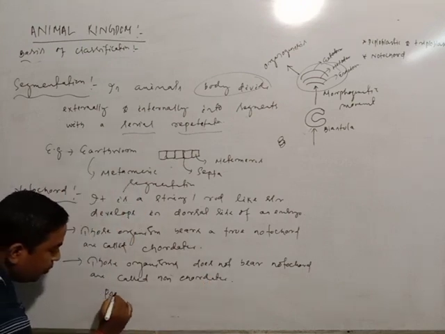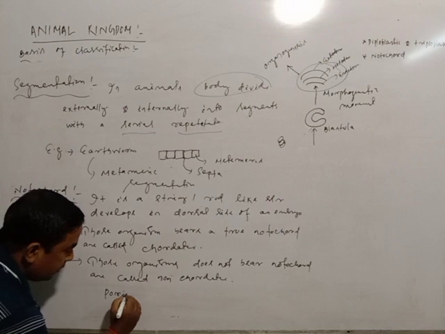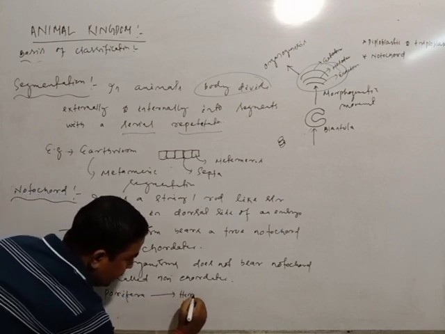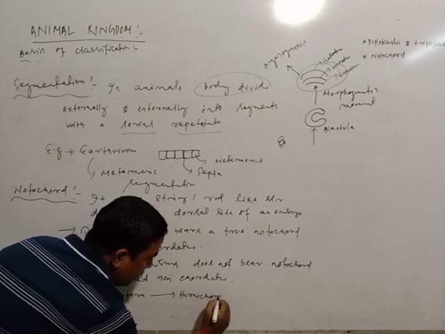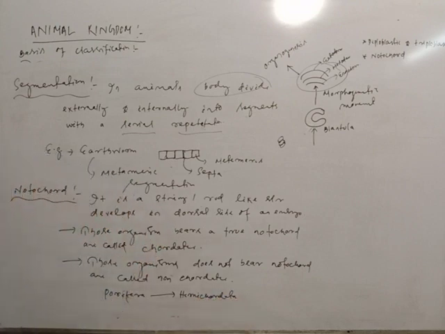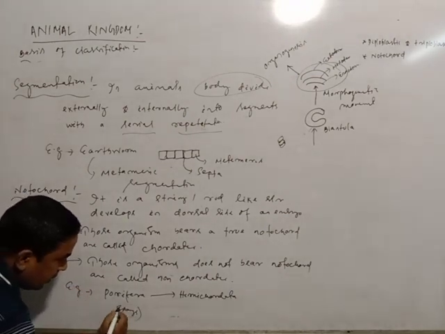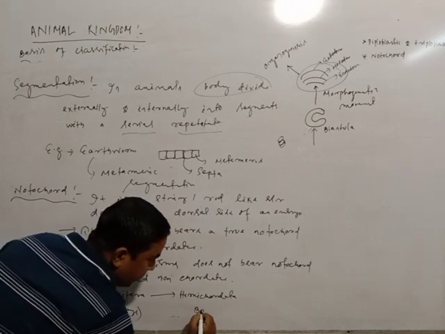Example: Porifera to Hemichordata. Porifera examples are sponges.